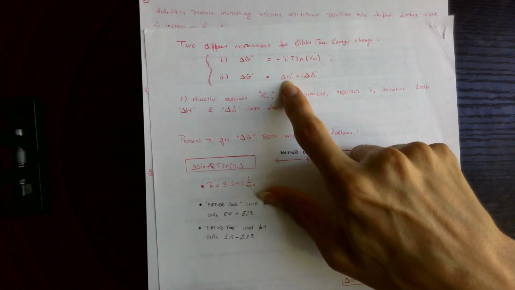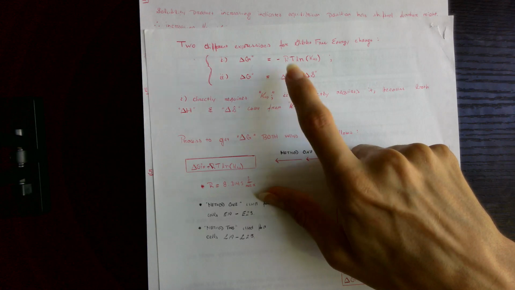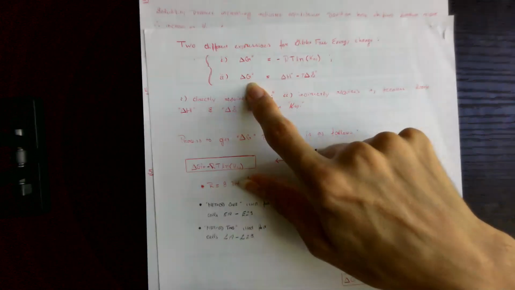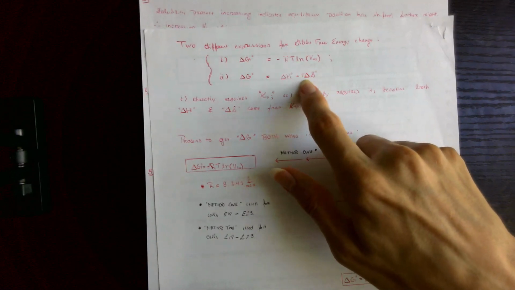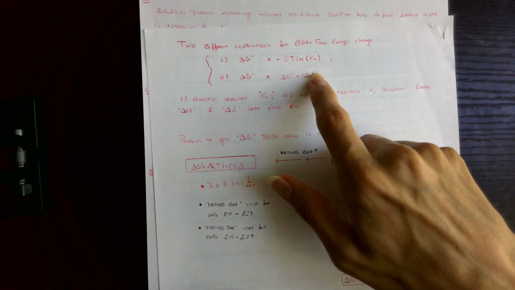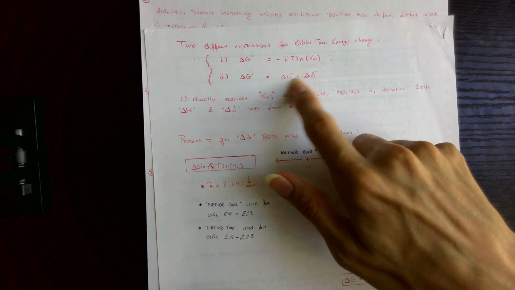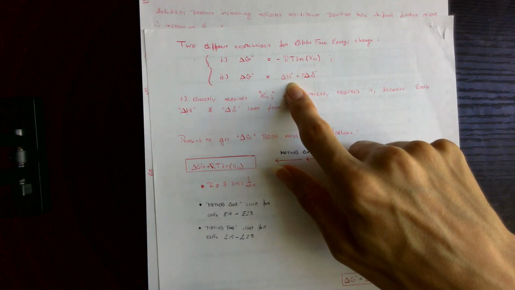So for a very large positive delta H, this is going to be positive, unless the T delta S term overtakes it. And that would have to be enormous if you've got a large delta H. It would have to be huge to overtake that and make this thing negative, okay?